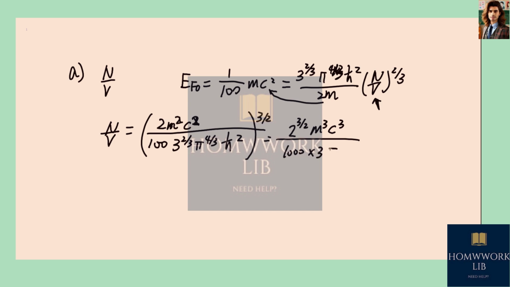And 3 times 2 over 3 and 3 over 2 goes back to 3. And then it becomes pi times pi squared, and h bar becomes h bar cubed. If we just take this 1,000 times 3, and write it as 3,000, then this is exactly the same as what this question wants us to prove. So we have proved that this is indeed the electron concentration.